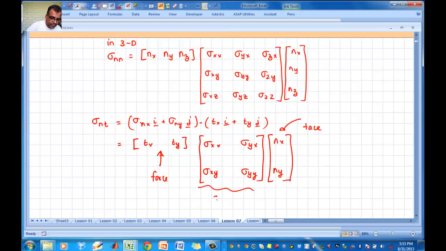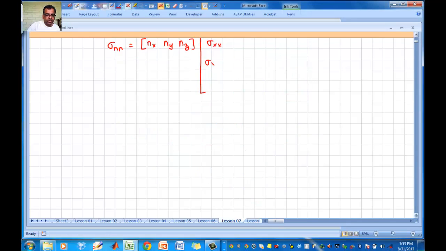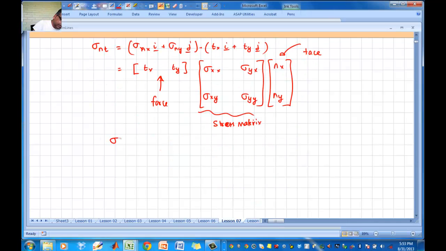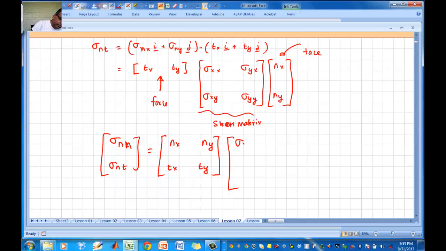This is my stress matrix. You can combine all of this into a nice thing. You can write sigma nn, sigma nt equals the matrix nx, ny, tx, ty times sigma xx, sigma yx, sigma xy, sigma yy times nx, ny.